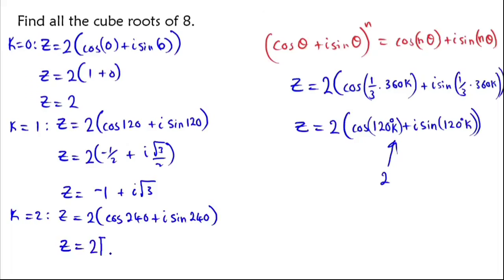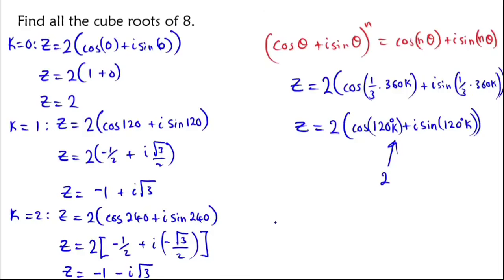So this means that z is equal to 2, open bracket. Now, cos 240 is negative half. Sine 240 is negative root 3 over 2. So this means that the complex number z will be 2 times negative half, which is negative 1, and 2 times negative root 3 over 2 will simply be negative i root 3.